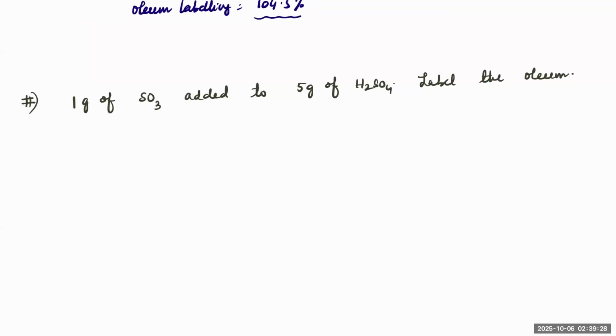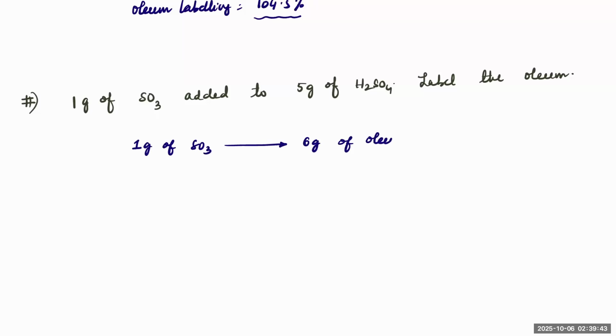Now, in the same way, let's do this one. 1 gram of SO3 is present in how many grams of oleum? 6 grams of oleum.